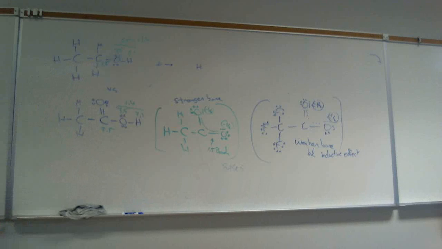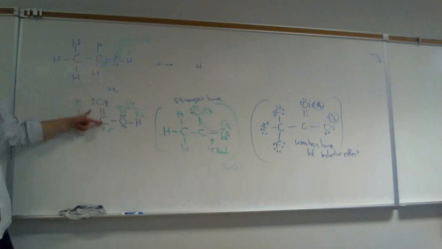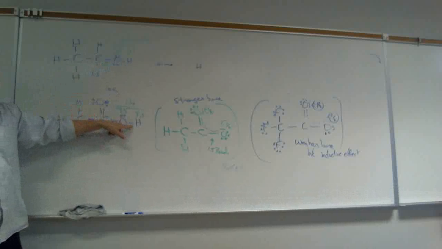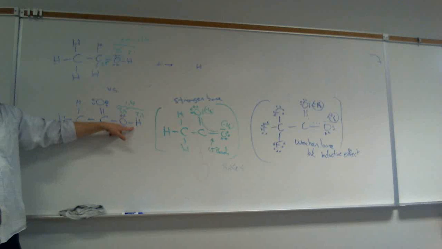When I look at these two carbons, you know what I see? I see electron rich and I see electron poor. Which one is electron rich? Yeah, this is electron rich, this is electron poor. That makes a big difference in this bond here, right? Because of what effect? Inductive effect.